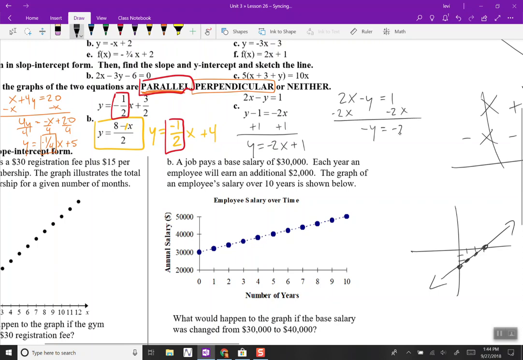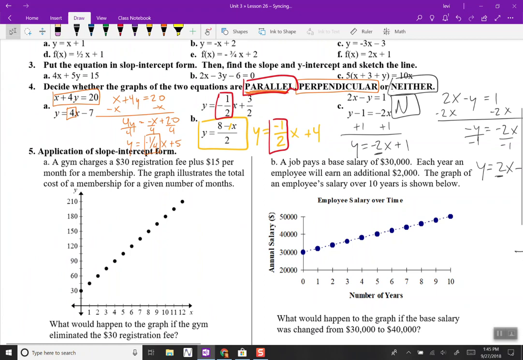Negative y equals negative 2x plus 1. Divide by negative 1. So y equals 2x, two negatives make a positive, and a positive and a negative makes a negative. So negative 2 and 2, those aren't opposite reciprocals. They're definitely not the same, so the answer to that one would be neither.